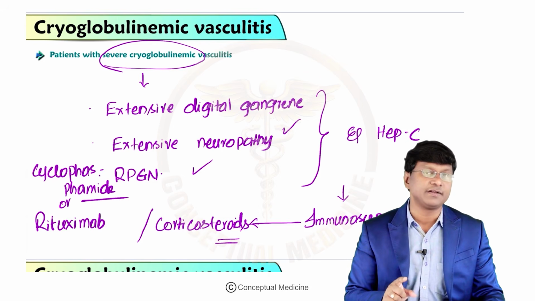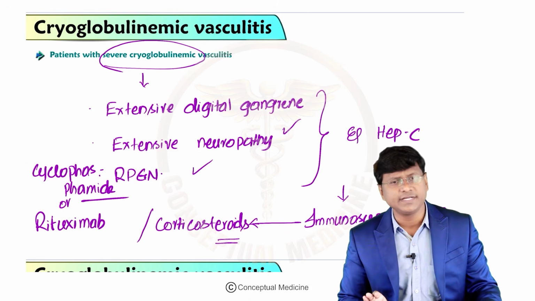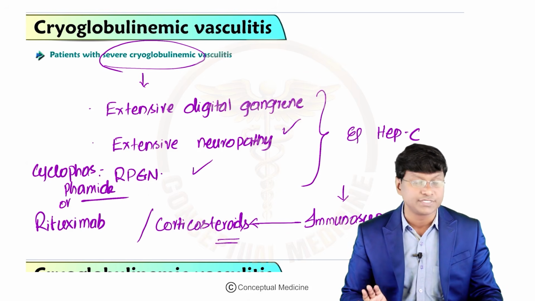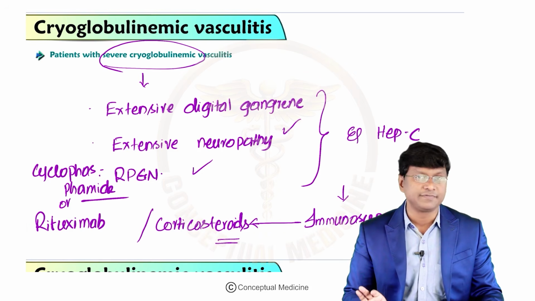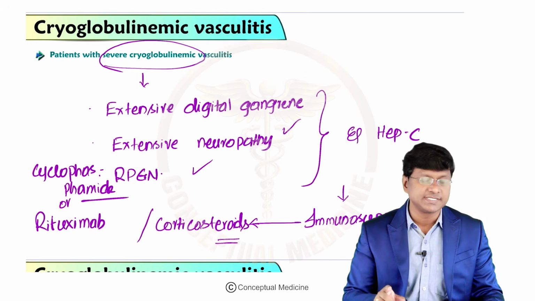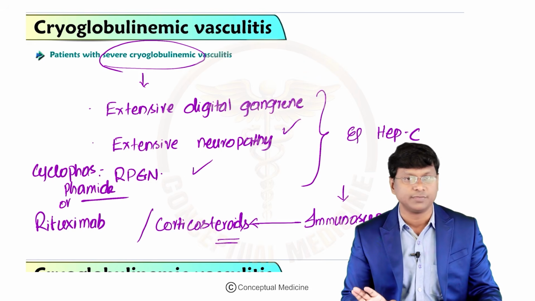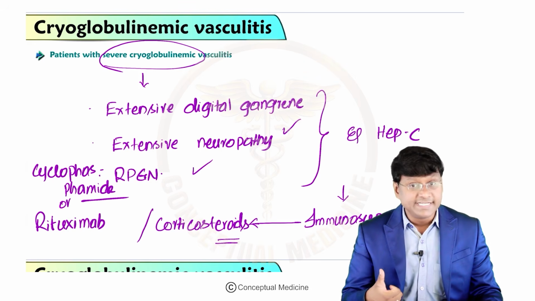And the most common clinical finding is recurrent palpable purpura. Along with that, there will be peripheral neuropathy, rapidly progressive glomerulonephritis, abnormal liver function tests, and pulmonary disorders. Diagnosis is mainly by the clinical picture and a positive serum test for cryoglobulin.